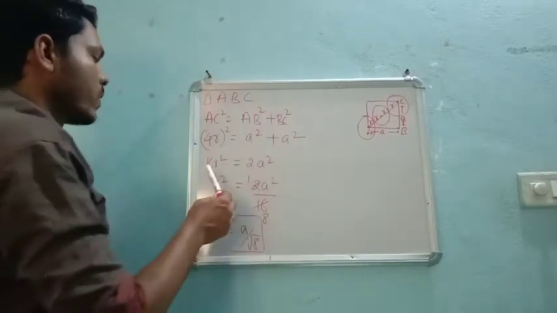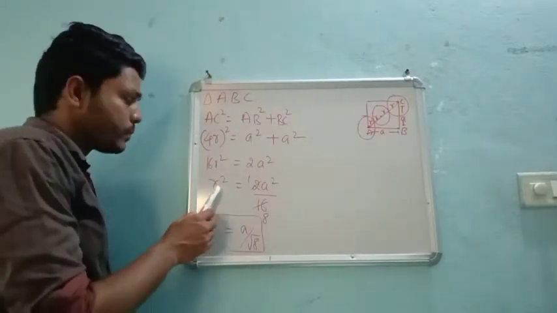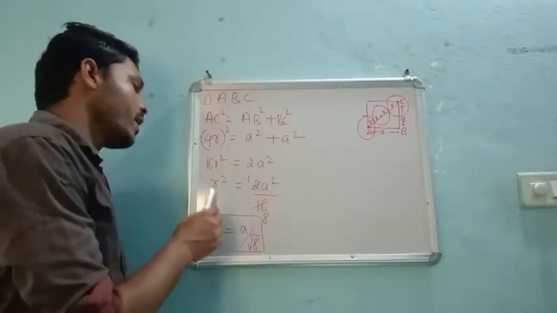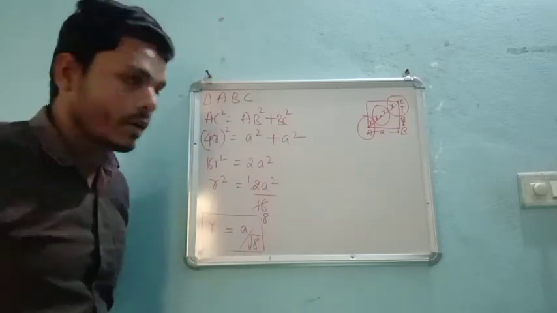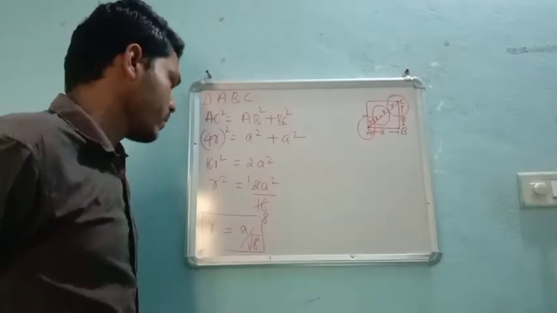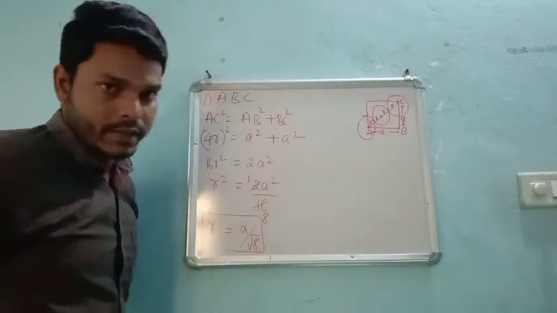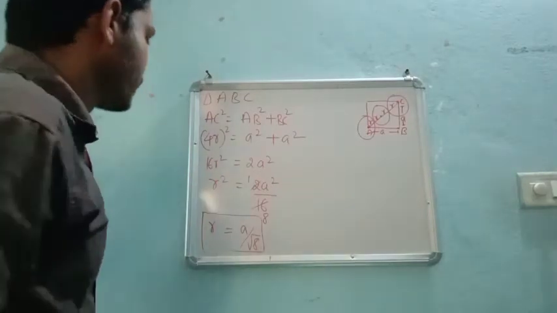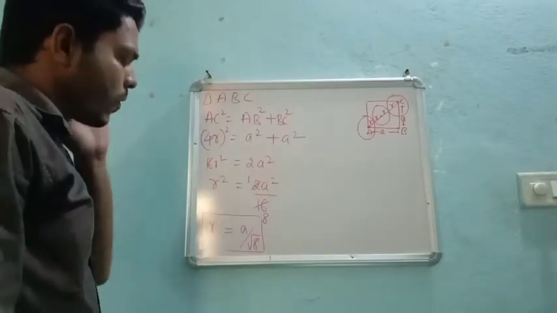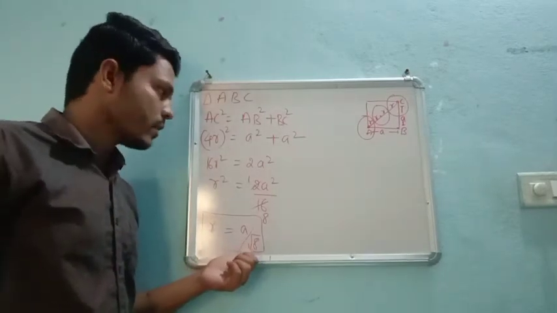What we require is the radius. So I have to take this r square outside. r square is equal to 2a square divided by 16. Here we can divide, because it can get cancelled. 2 ones are and 2 8s are, so thus 8. If you want, you can write the root value for this, root 8, right?